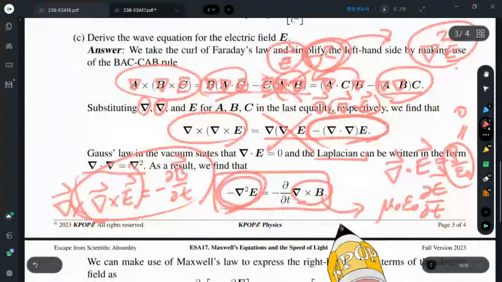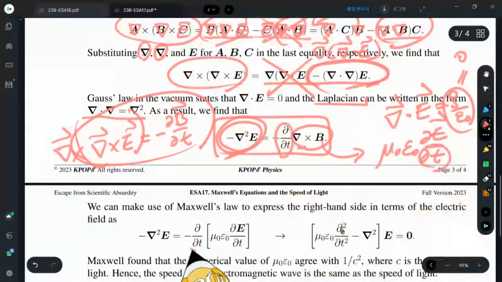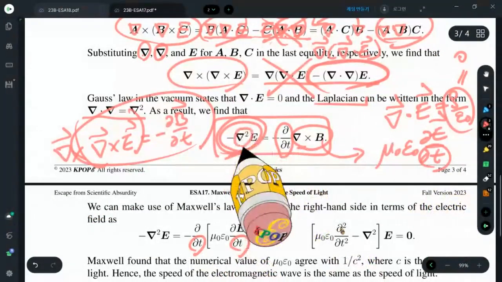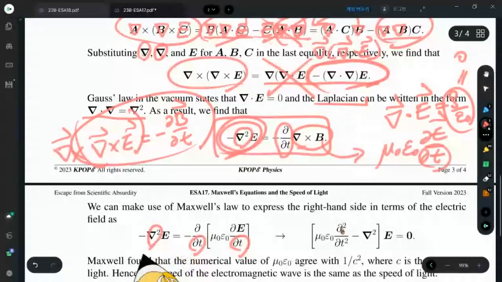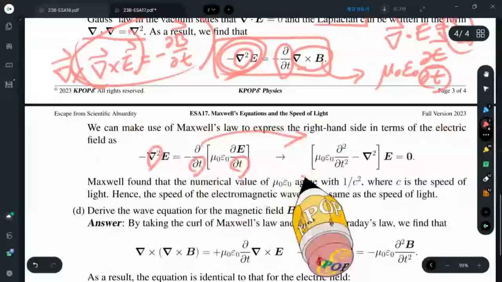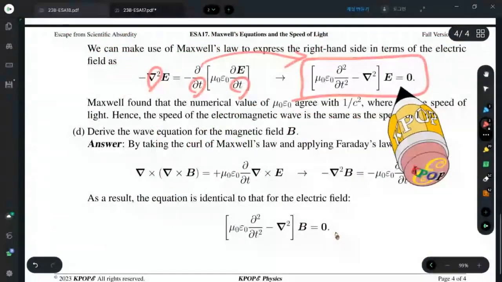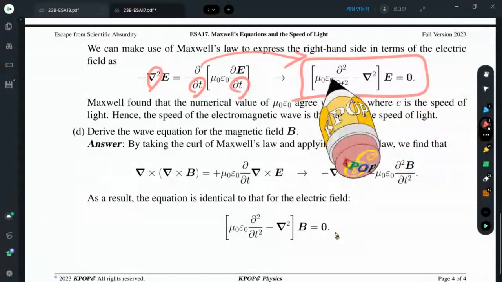As a result, what's happening is we have a double time derivative and a double spatial derivative. If I reorganize this equation, we find this kind of form. What's that?